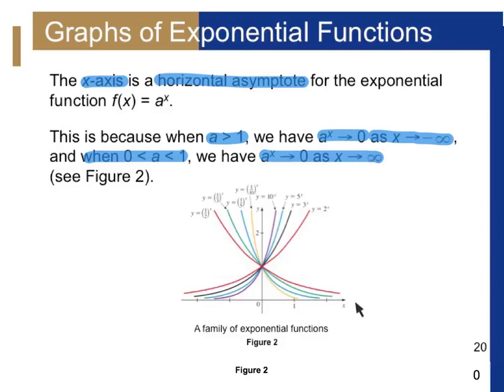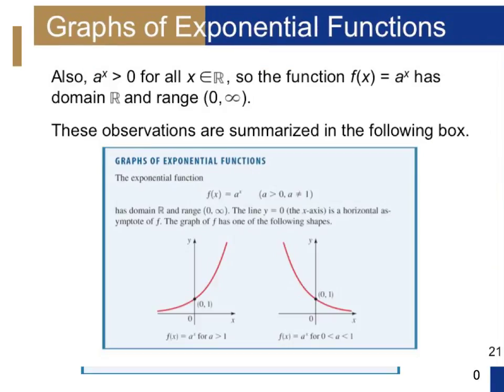So all of these functions don't have a vertical asymptote, but they have a horizontal asymptote of the x-axis, which is just y equals 0. We already said that a to the x is greater than 0. So the function f of x equals a to the x has domain all the reals, and the range is 0 to infinity, greater than 0.